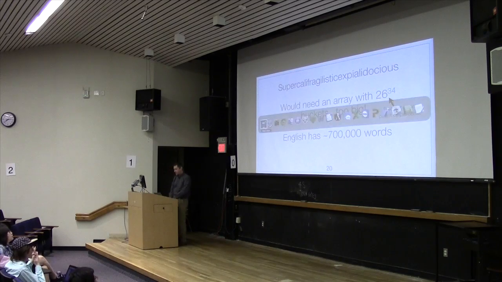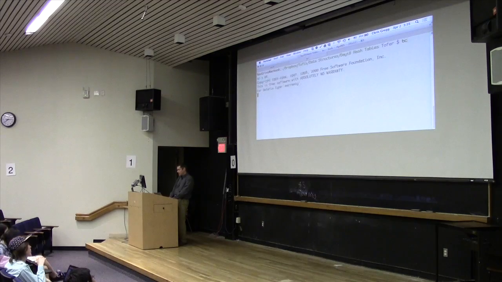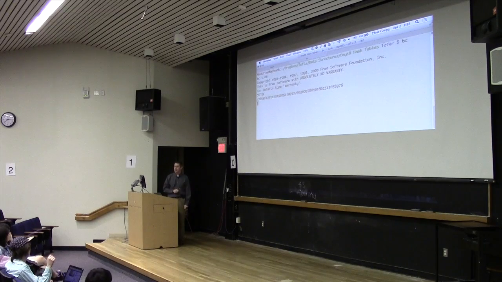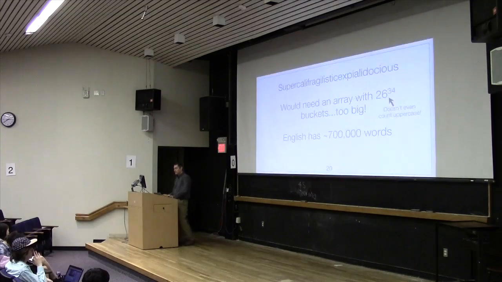If we did 26 raised to the 34 power, that number is not a number that you can fit in an array, as you cannot have that many values in an array in the current computers that we own. In fact, we'll probably never, right? That's just too big. So we have to think of something else to do here.